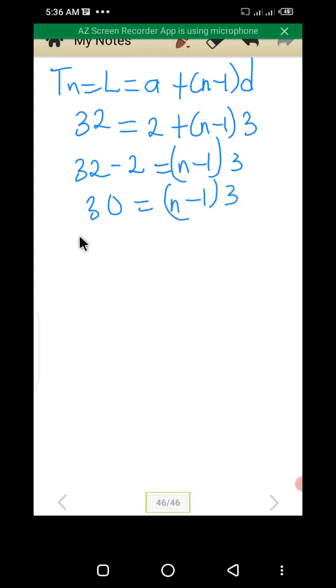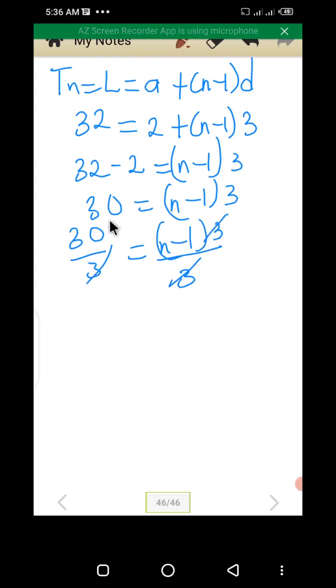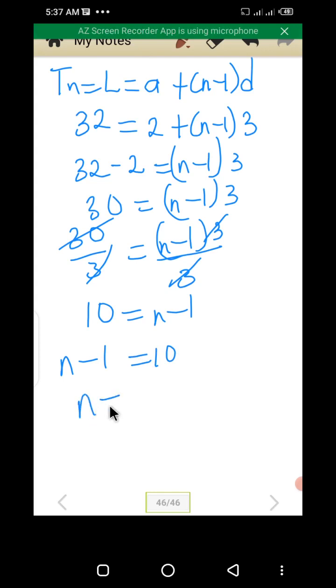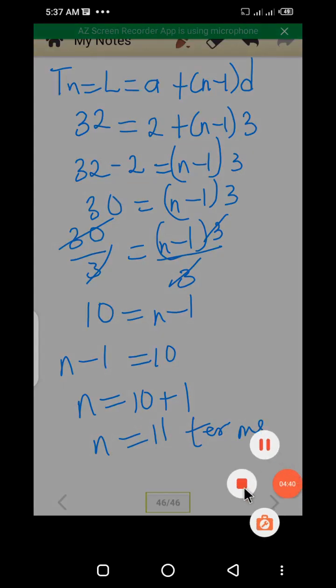Divide both sides by 3: 30 over 3 is equal to (n minus 1)3 over 3. This cancels, making 10 equal to n minus 1. Therefore, n is equal to 10 plus 1. n is equal to 11 terms. That is the solution.